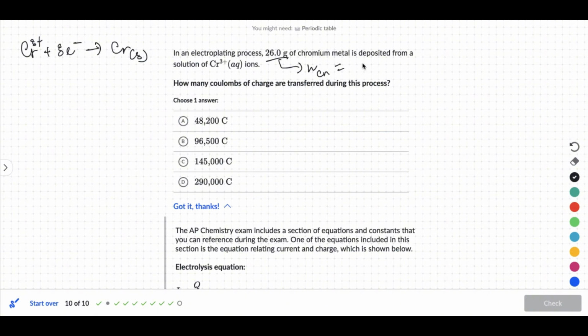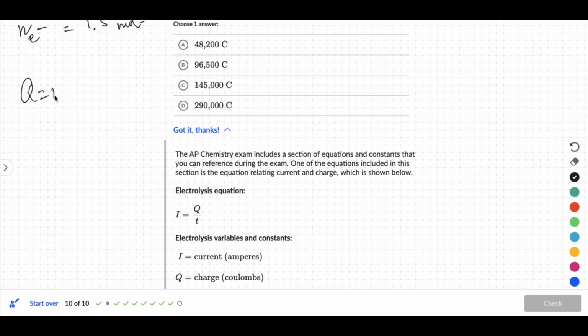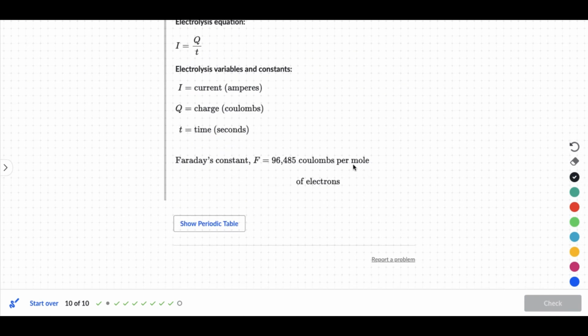So that would be 0.5 mole. So the moles of electrons transferred would be 3 times that much, so 1.5 mole. And so Q, we need to multiply this with Faraday's constant, because 1 mole of electrons has a charge of this much.